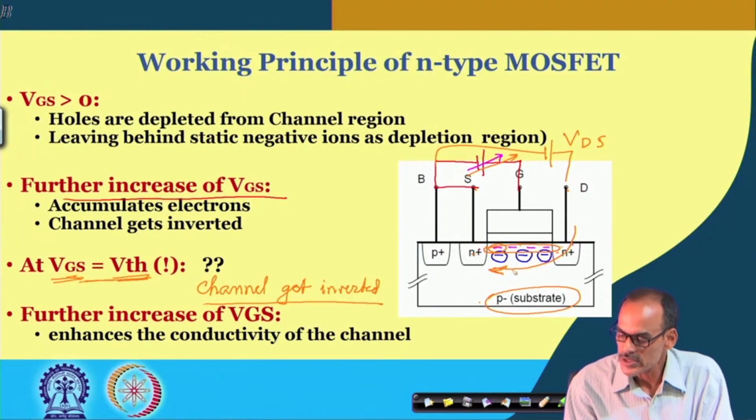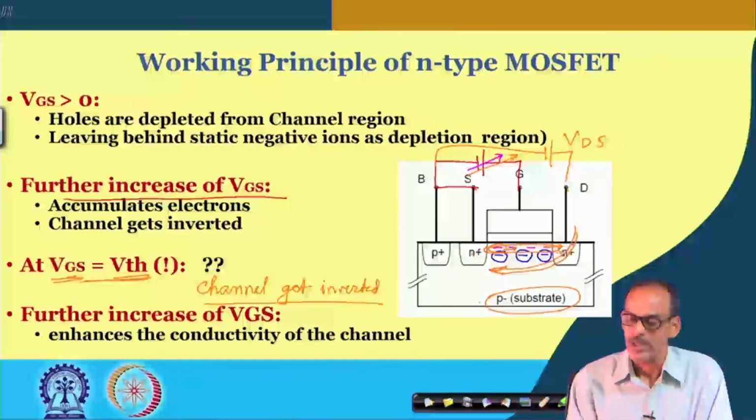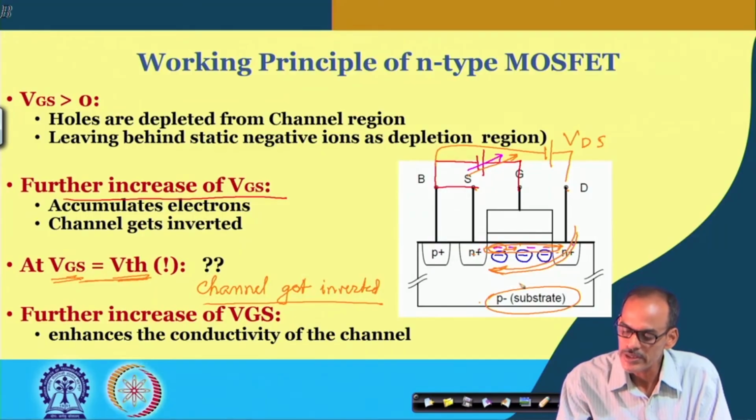In fact, electrons are moving from left to right, and the current is flowing on the other hand right to left. So, that is why we call this current flowing from drain to source.